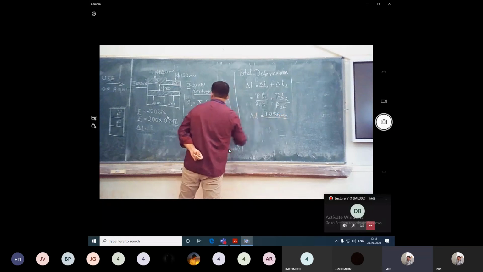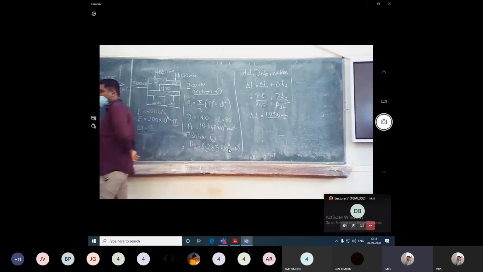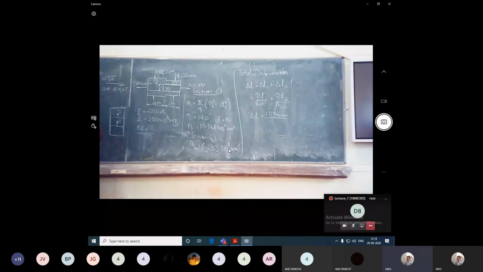Units: be careful, don't forget the units. Write the units. If you miss them, you are going to lose marks. So this is the solution for this current problem.